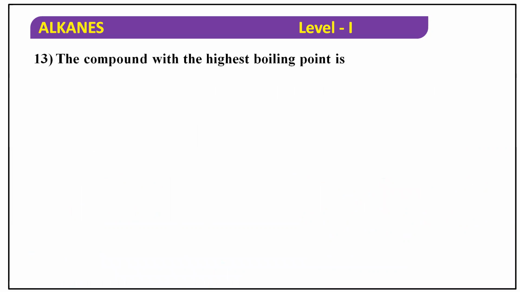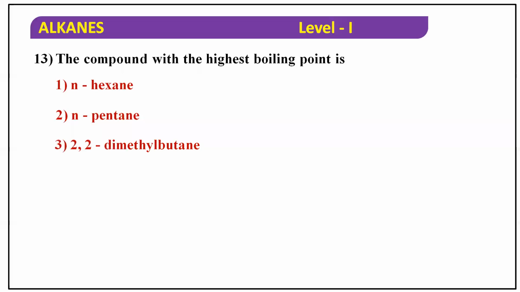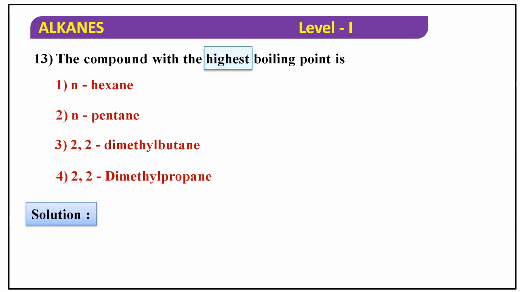The compound with the highest boiling point: again, same logic. Highest boiling point, maximum number of carbon or maximum molecular weight, straight chain. Of course, we can see here that the first option, normal hexane, straight chain, has the maximum number, right?